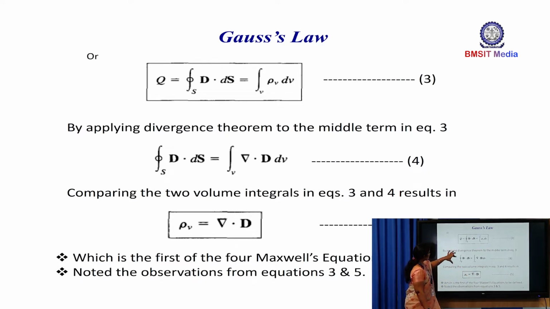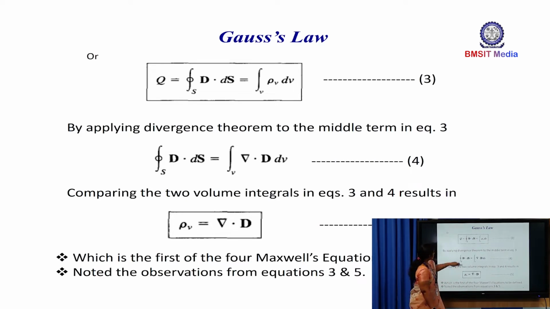After deriving this, you must observe some points from equation 3 and equation 5. Both of these equations state Gauss law. Equation 3 states Gauss law in integral form, whereas equation 5 also states Gauss law, but in differential or point form.